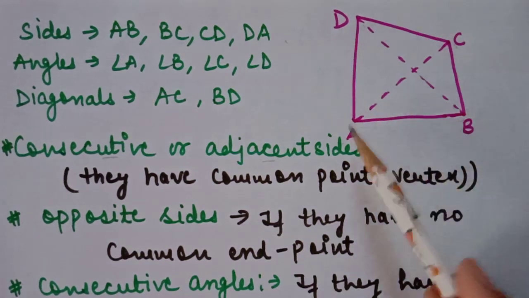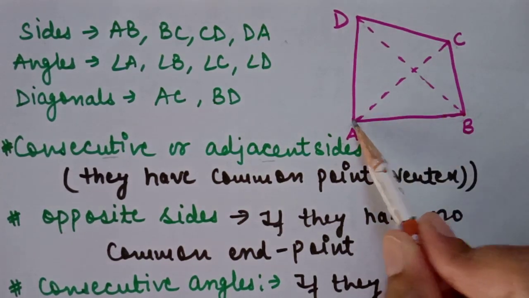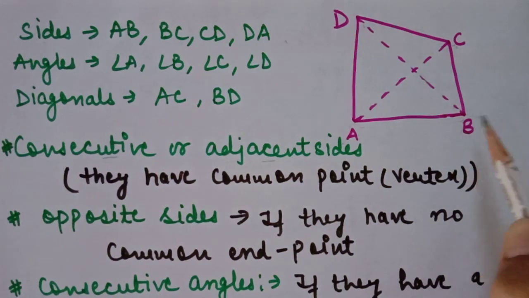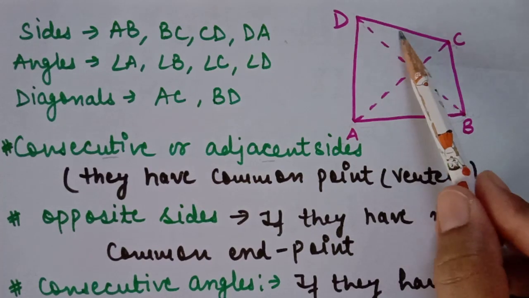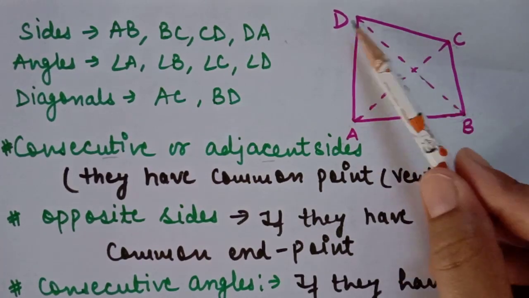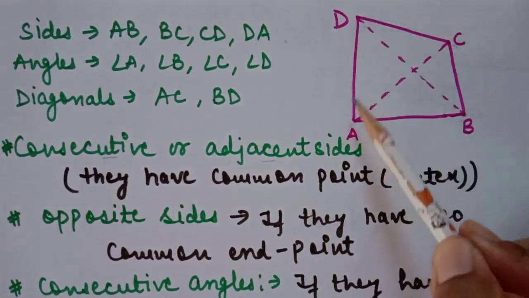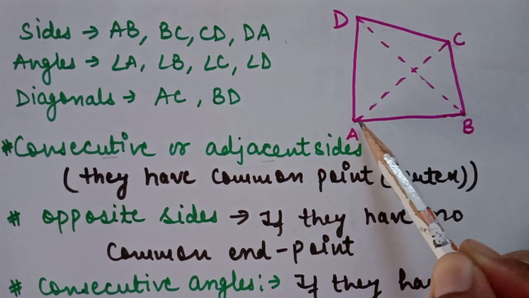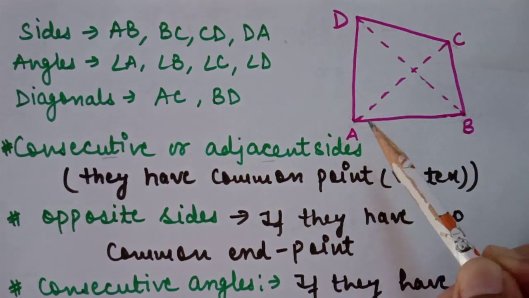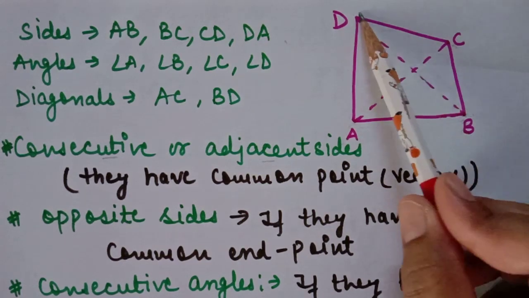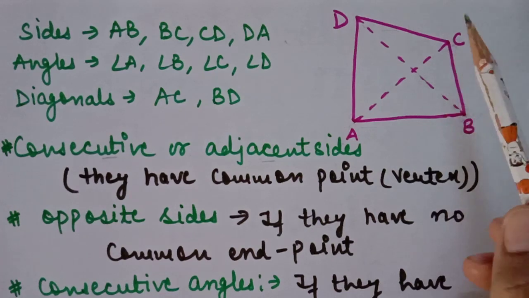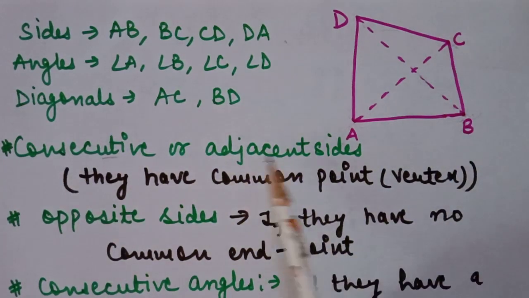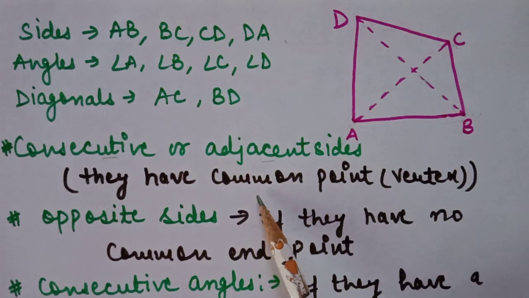For example, AB and BC are adjacent sides because they have a common vertex B. AD and DC are also adjacent sides because they have a common vertex D. DA and AB are adjacent sides because they have a common vertex A. Similarly, DC and BC are also adjacent sides because they have a common vertex C. So these are the consecutive or adjacent sides which have a common vertex.